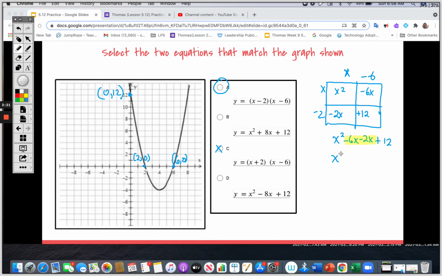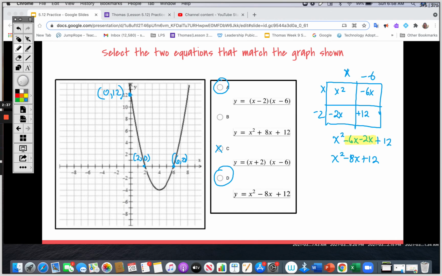So that's going to be x squared minus 8x plus 12. So the two equations that match would be A and D.